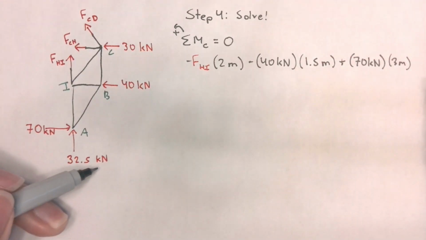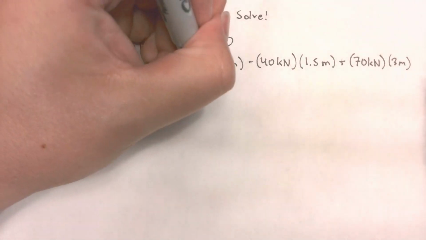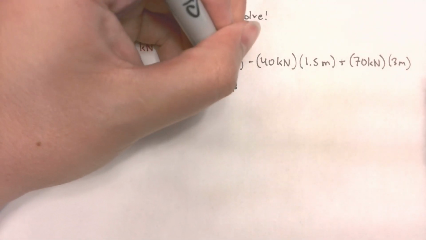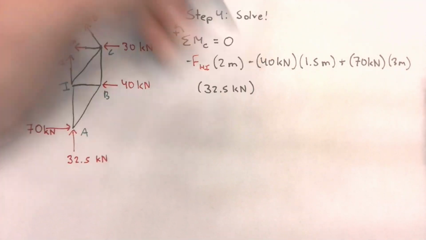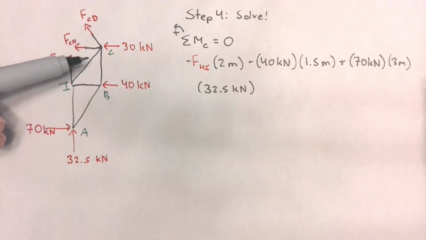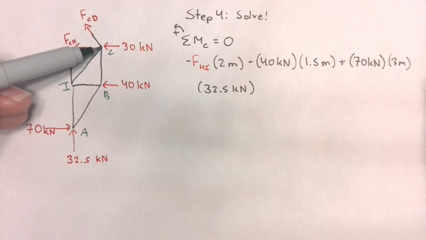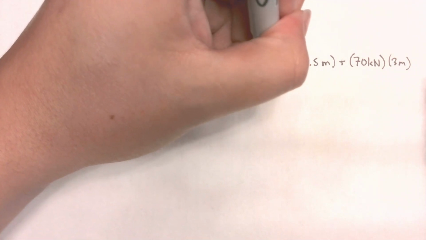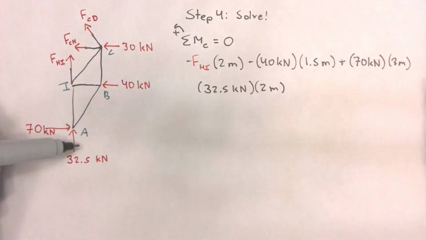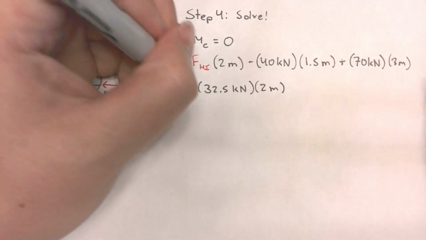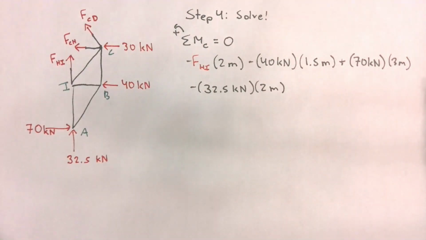And finally, I have my 32.5 kilonewtons acting at a distance of about 2 meters from point C, causing a clockwise rotation, so negative value. And all that should equal 0.